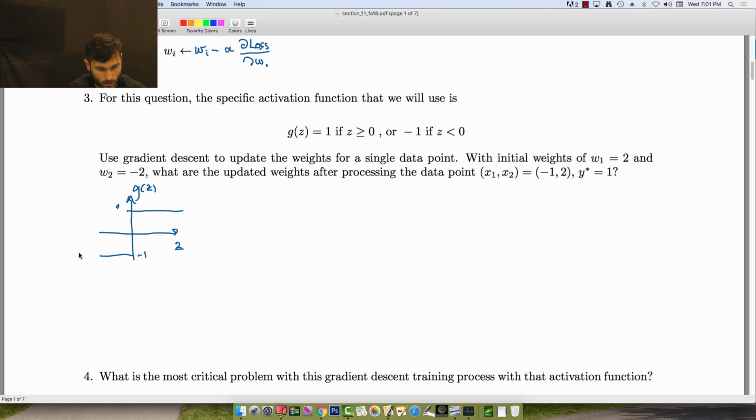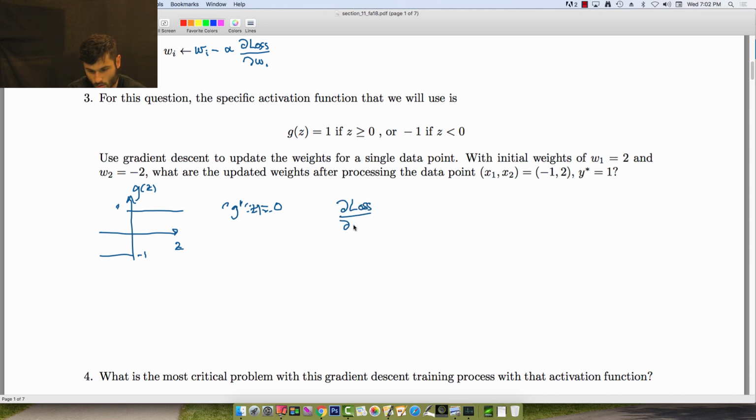So we see that whenever z is negative, the function is constant, and whenever z is positive, the function is constant again. So in this case, we have that g prime of z is equal to 0 all the time.